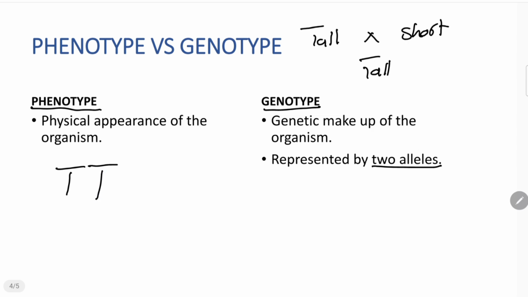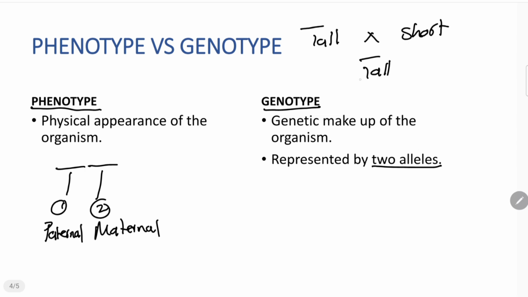For example, let's say that it is capital letter T, capital letter T. One might ask, why do we use two alleles? Why do we use two letters to write a genotype? This is simply because one of the letters is inherited from the paternal origin, that is, from the father. And the second allele is inherited from the maternal origin, that is, from the mother, right?